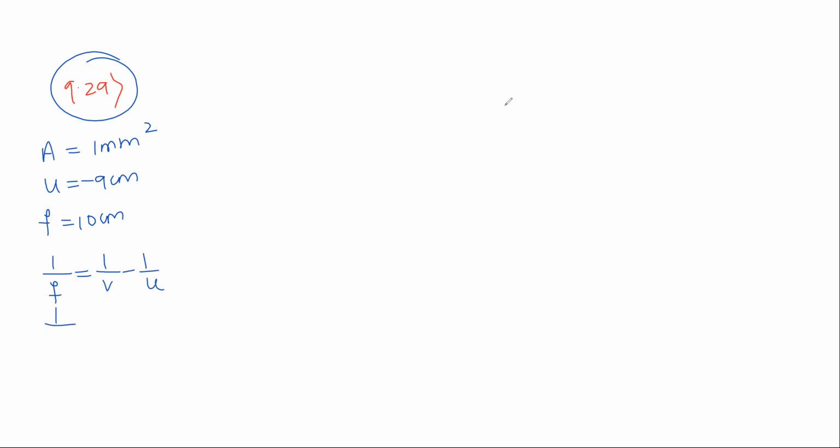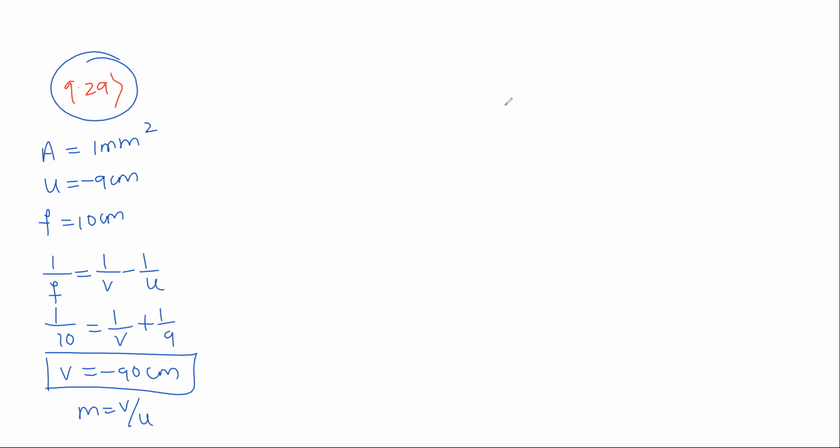So f value is 10, v is kept as it is, plus 1 by 9. After simplification, v value we got 90 centimeter. So magnification we got, M is equal to v by u, that is minus 90 divided by minus 9, 9 tens are 90, so here 10 we got.